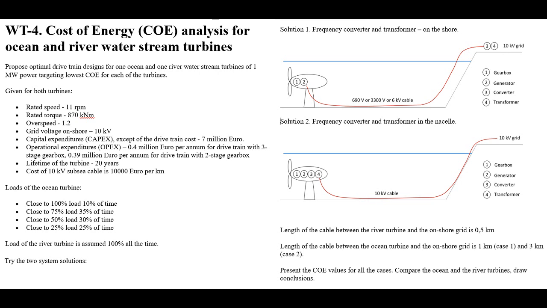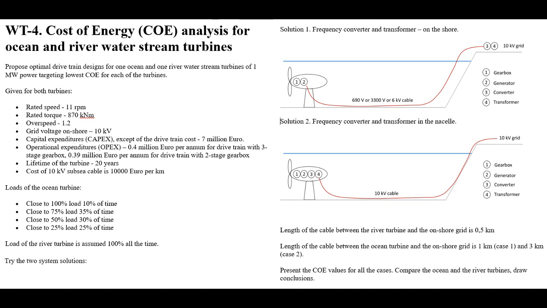In the second solution we have all the drivetrain components inside the nacelle and the high voltage cable connecting the turbine to the grid. So the gearbox, the generator, the frequency converter and the transformer are inside the nacelle underwater.